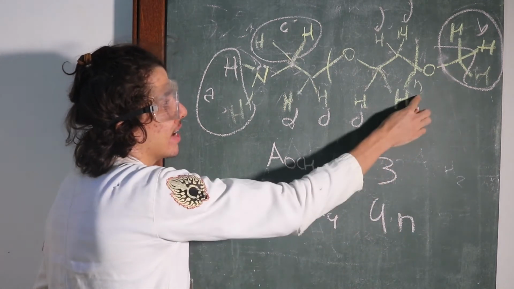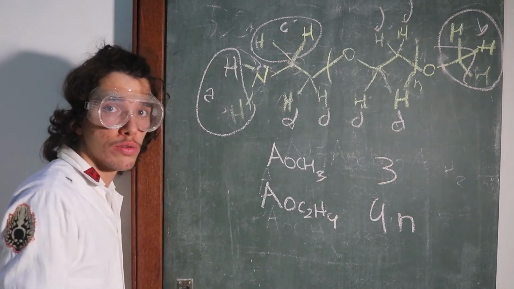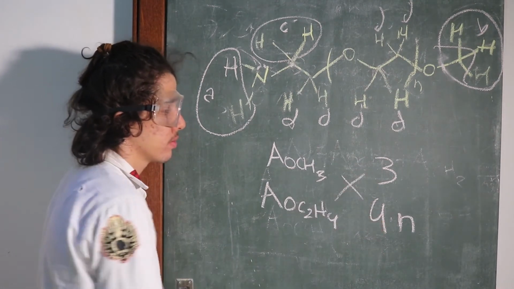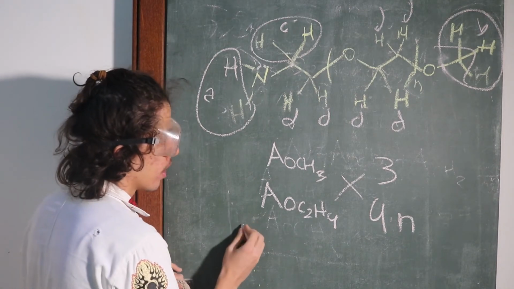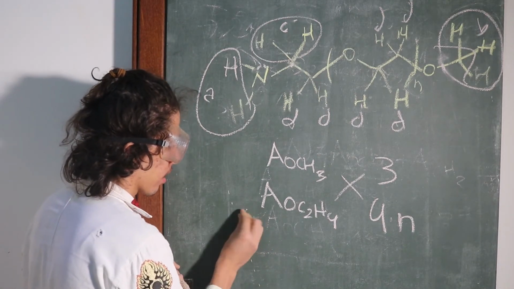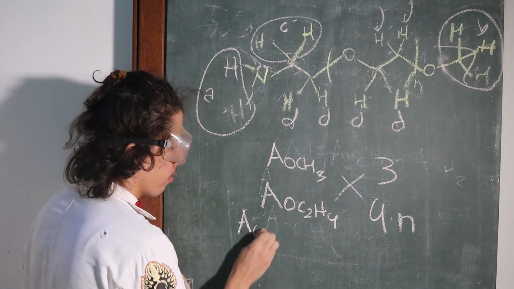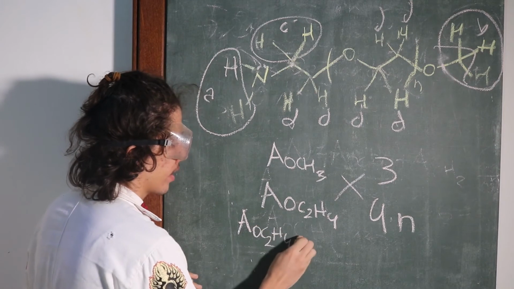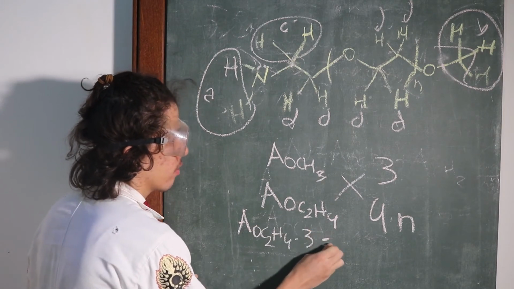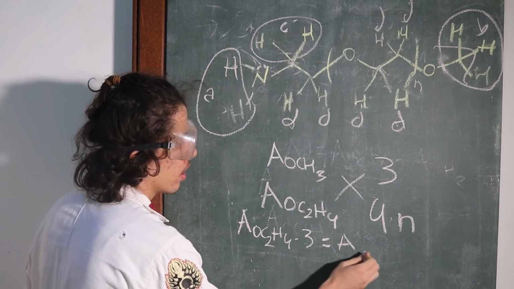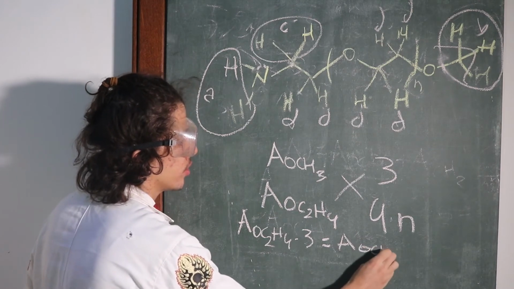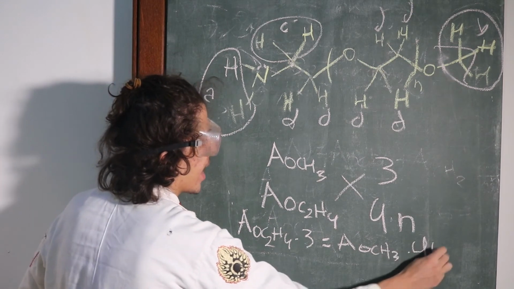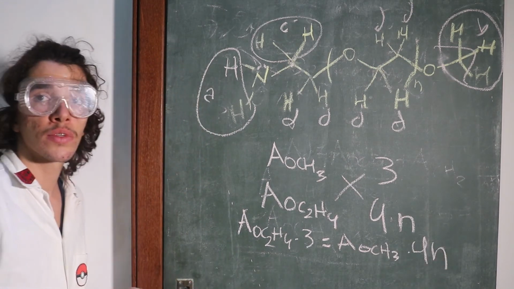So n times 4 is the total number of hydrogens, okay? Nice. And then we can just multiply it. So in the end, it's going to be the area of our monomer times 3 equals the area of the methyl end group times 4n. Okay? Nice.